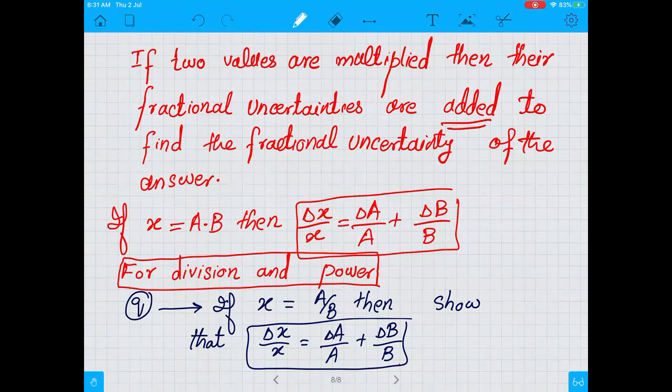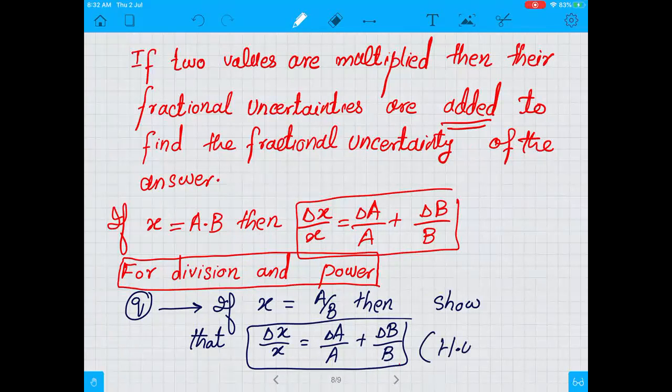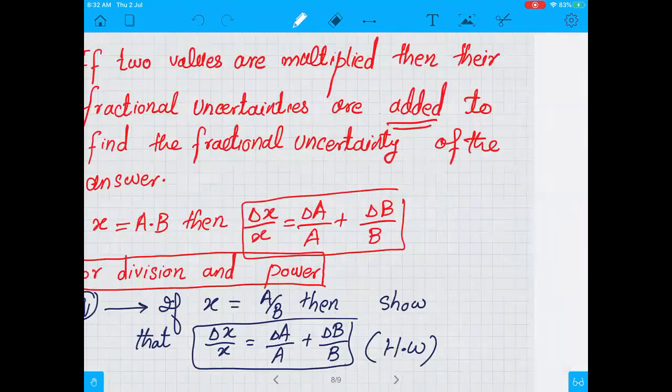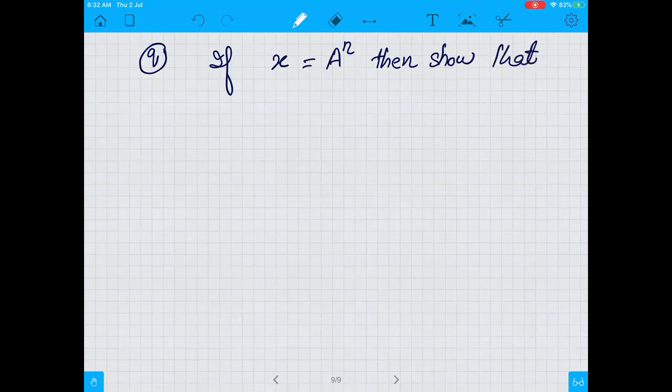And one other proof that you can say is your homework. One other question that you have to do is that if x is equal to a power n, then show that delta x over x is equal to n times delta a over a.